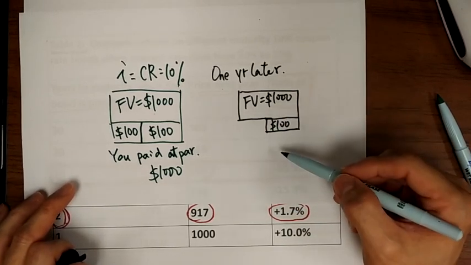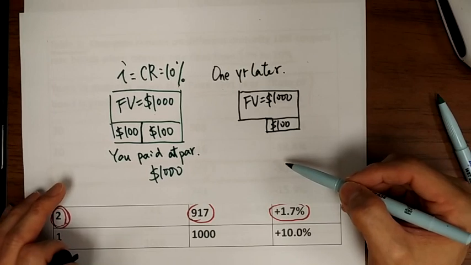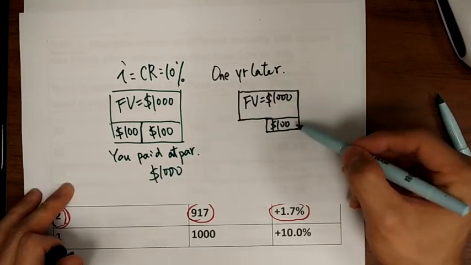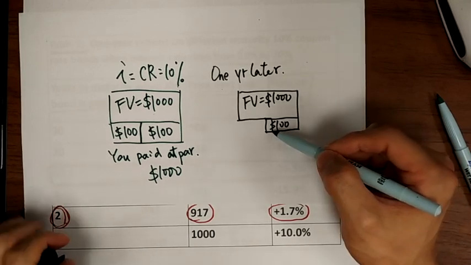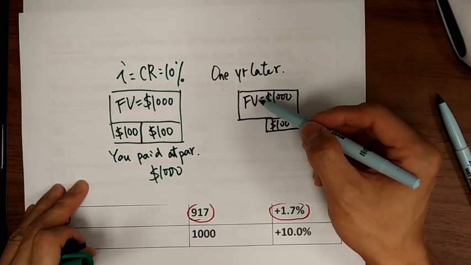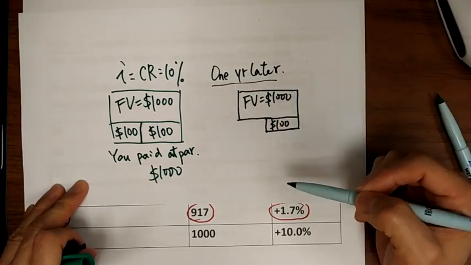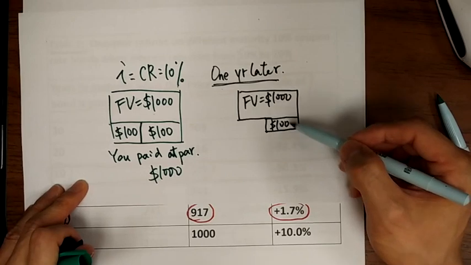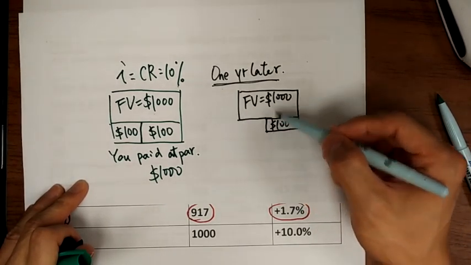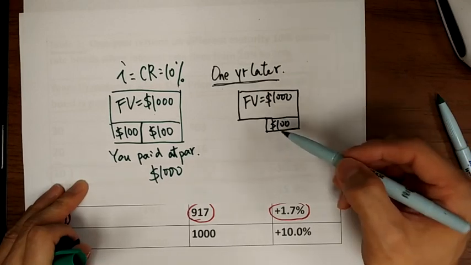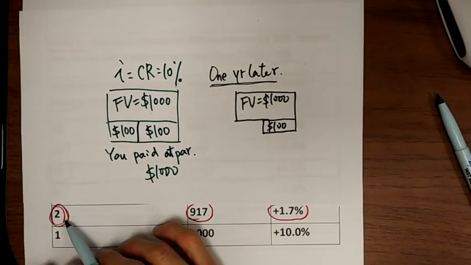The answer is, how much money are people going to be willing to pay you to buy this bond? Well, they will calculate the value of this bond 1 year later. So when this guy buys your bond, how long will this guy hold this bond? The answer is 1 more year, because this is a 2-year bond.